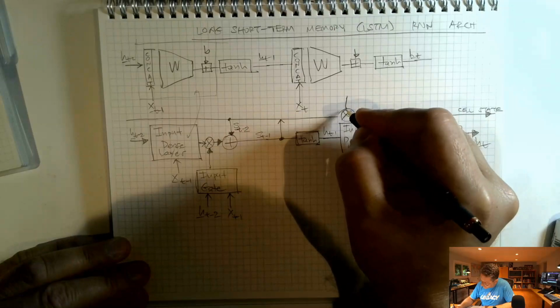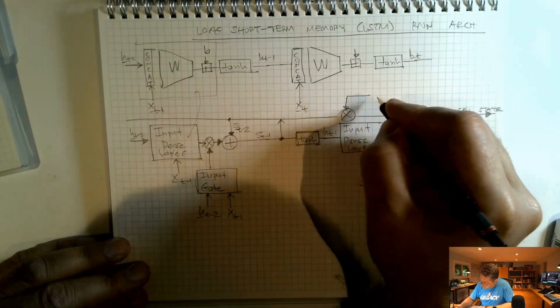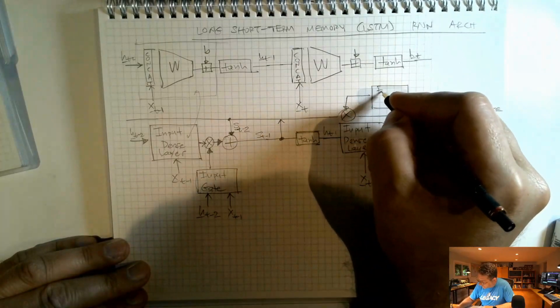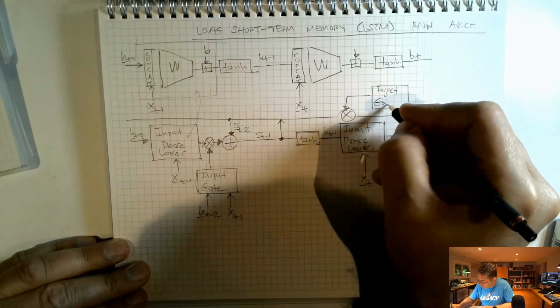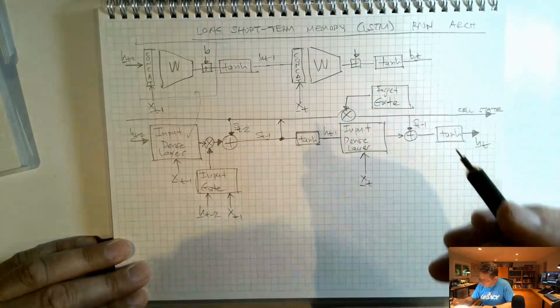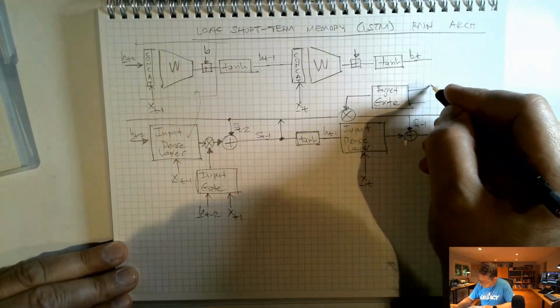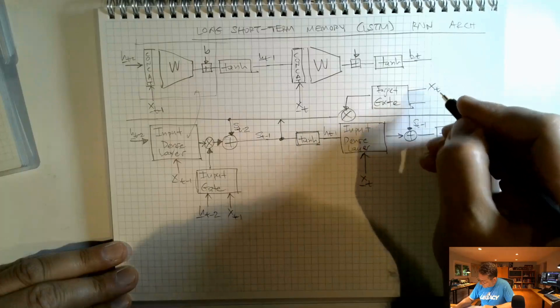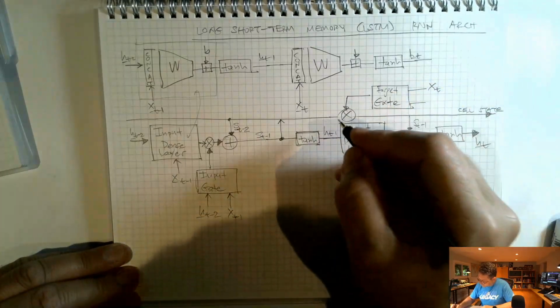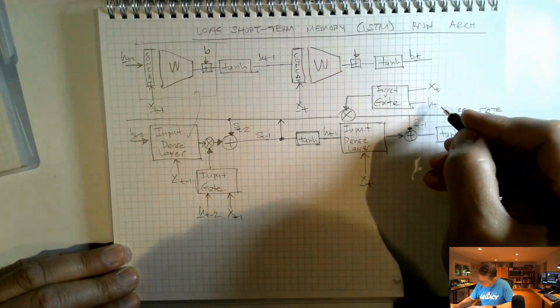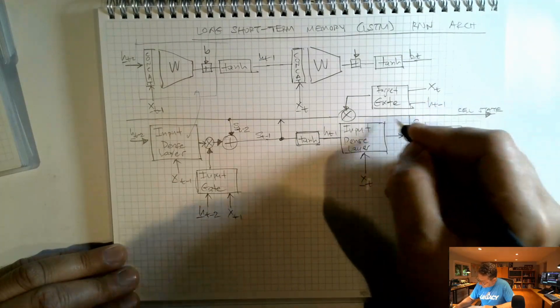So this multiplier is going to be the forget gate. So this is xt, and this is ht minus 1.